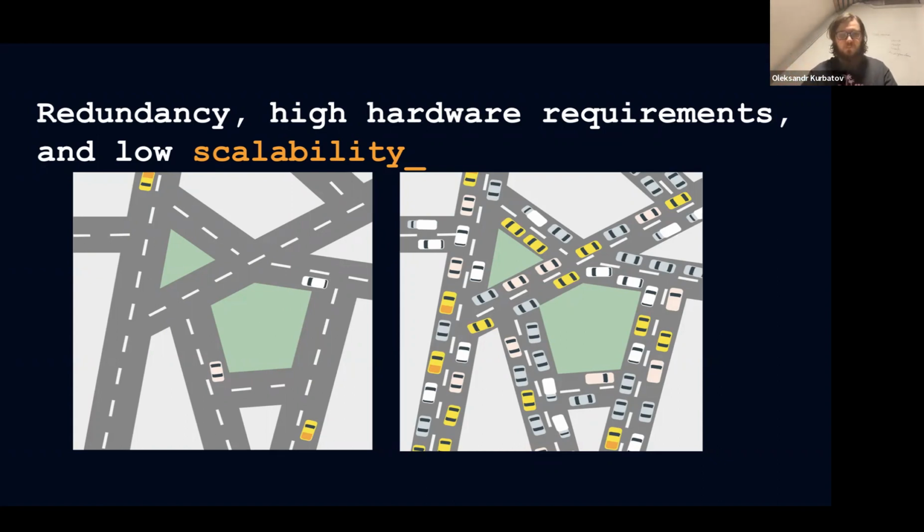So you will not use Bitcoin as your bank account for paying for, I don't know, any stuff like this. It's obvious.